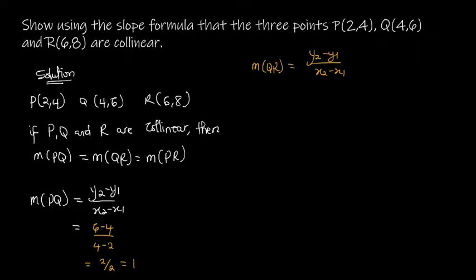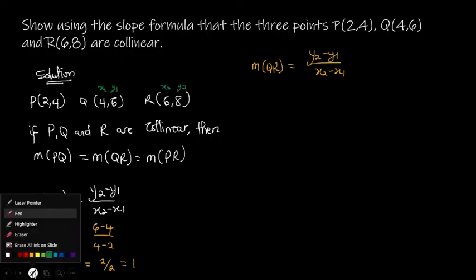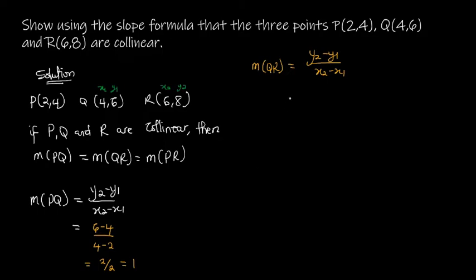Now in this case, because I am looking at Q and R, my Q becomes my first point, so this becomes my x1, y1, and this becomes x2, y2. So my y2 is 8 minus my y1, which is 6, over x2, which is 6, minus x1, which is 4.